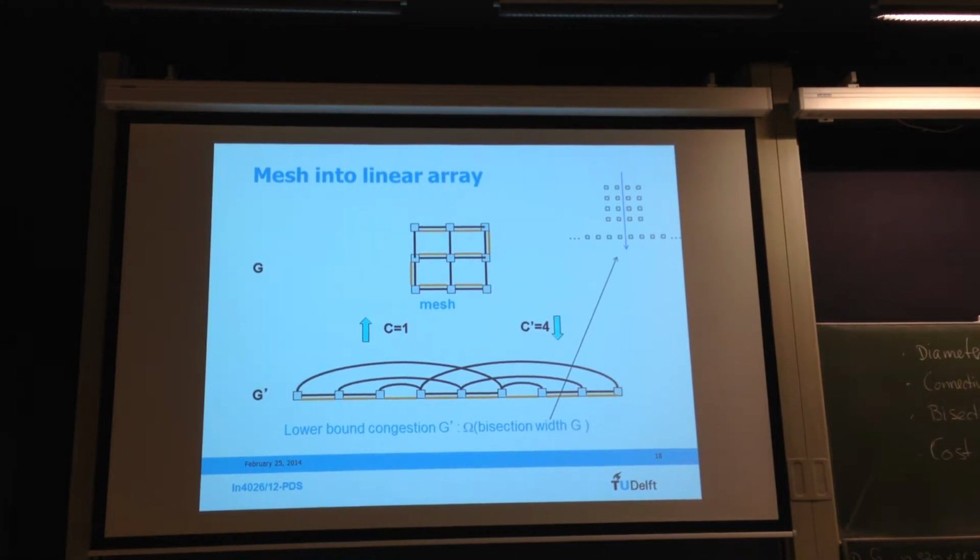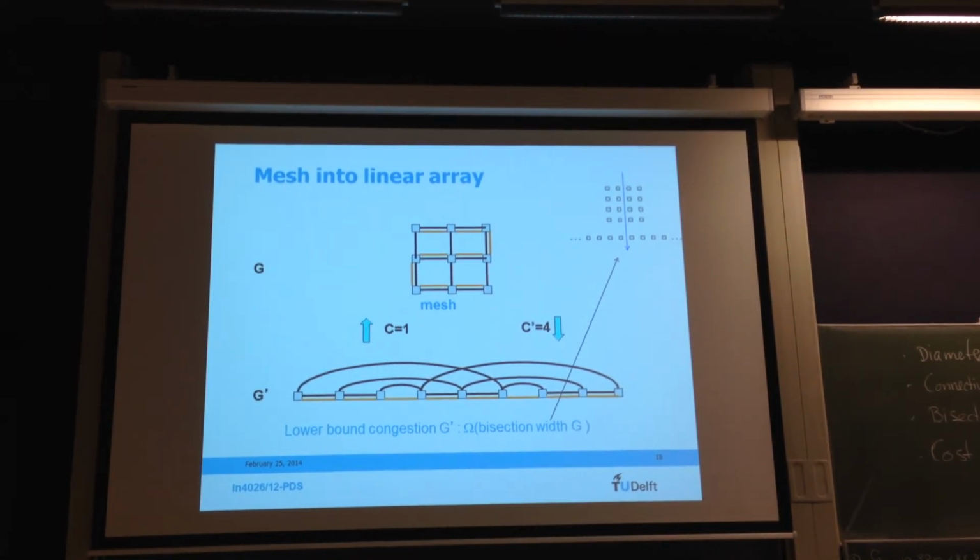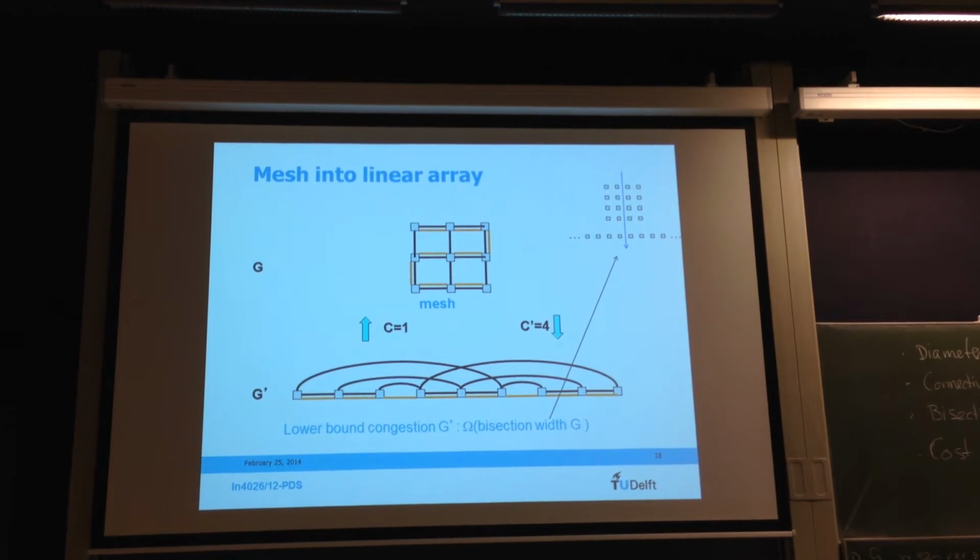So that's a lower bound on the congestion of this mapping. It's not a favorable solution, of course, if I have a more intensive program structure which requires this more intense communication, that I have a kind of handicapped hardware structure underneath of a linear array which is confronted with this overhead. In that sense, you could say my program structure doesn't reflect my hardware capabilities.